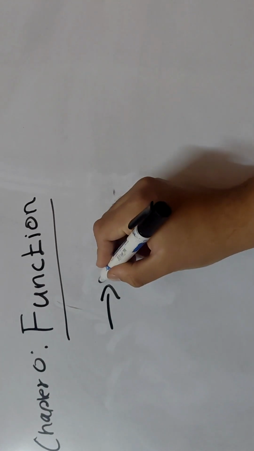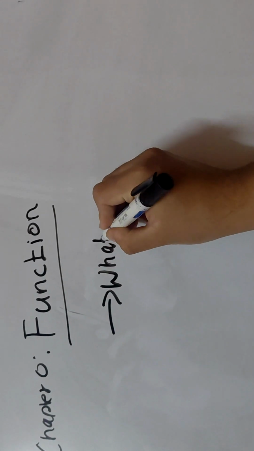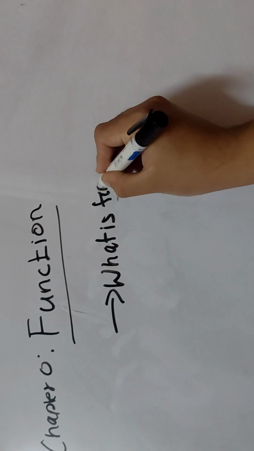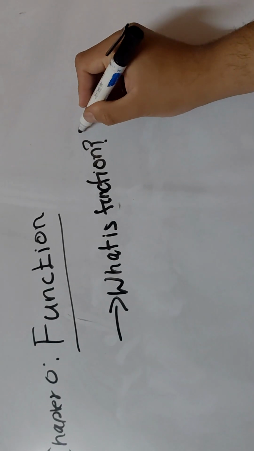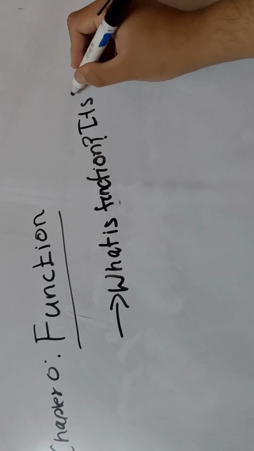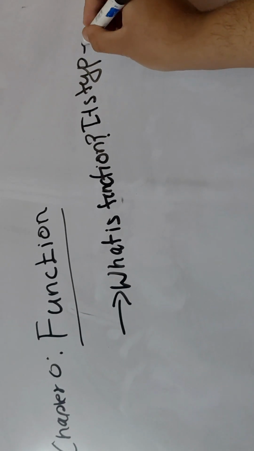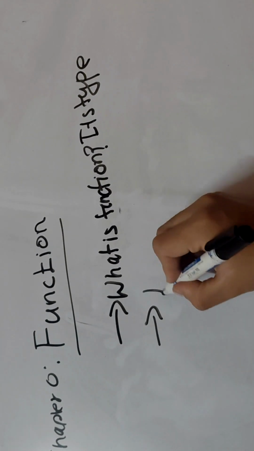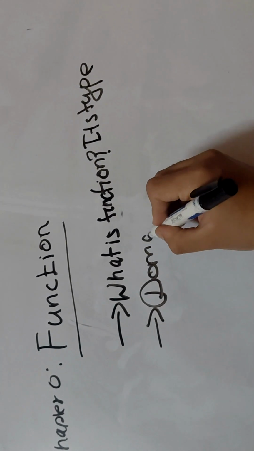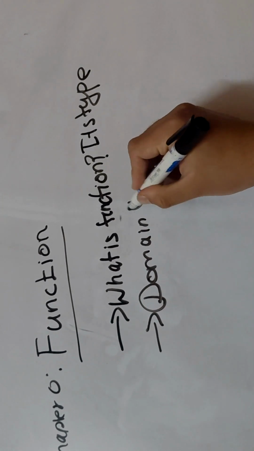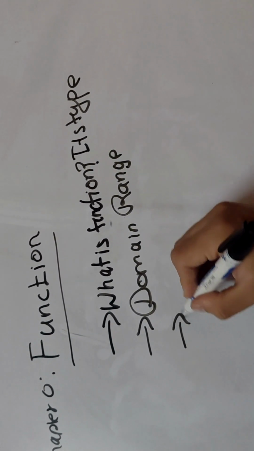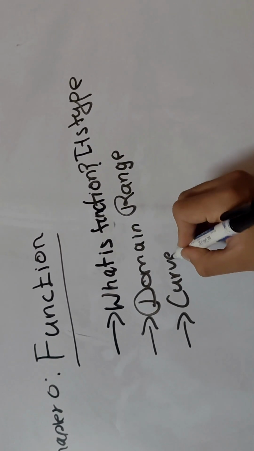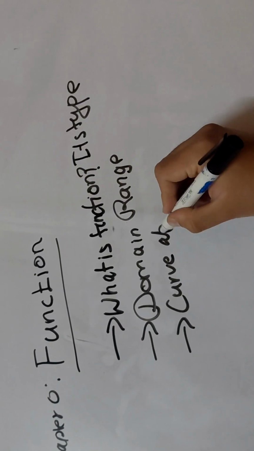So we are going to deal with questions such as: what is function, and what are its types. And this way, what is domain, range. This way we curve of each function.